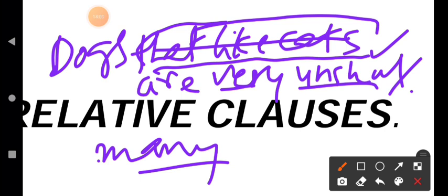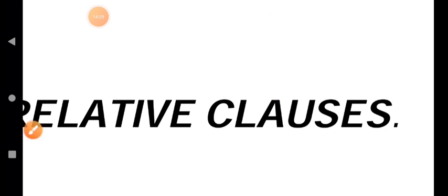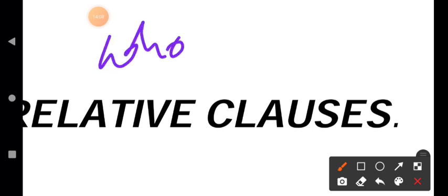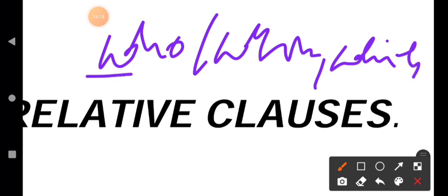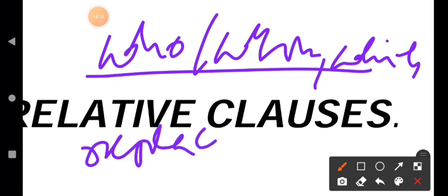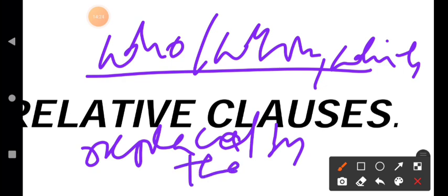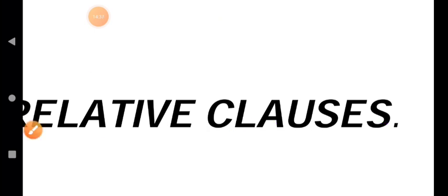The pronouns who, whom and which are often replaced by that in spoken English. Instead of who, whom, which, we mostly use that in a defining relative clause in spoken English.